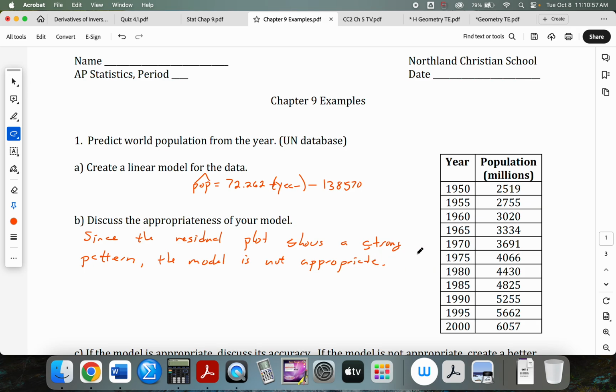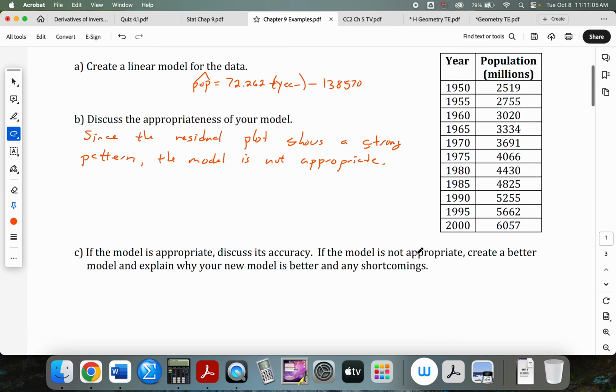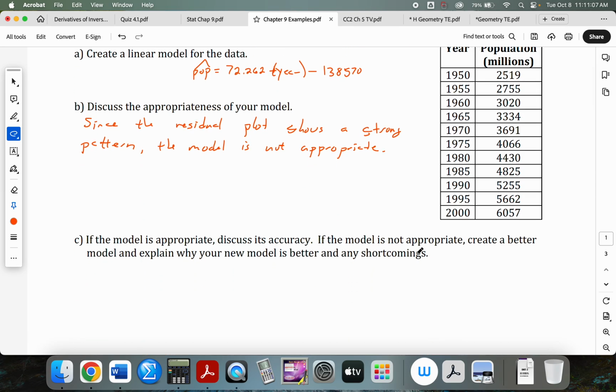Our model is a linear model, but it's not appropriate because the residual plot is curved or has a pattern. We went over that a week ago.